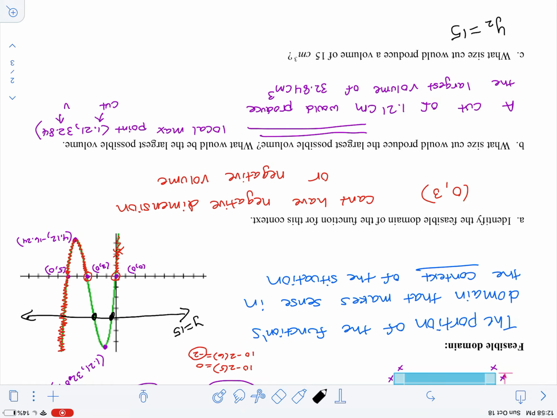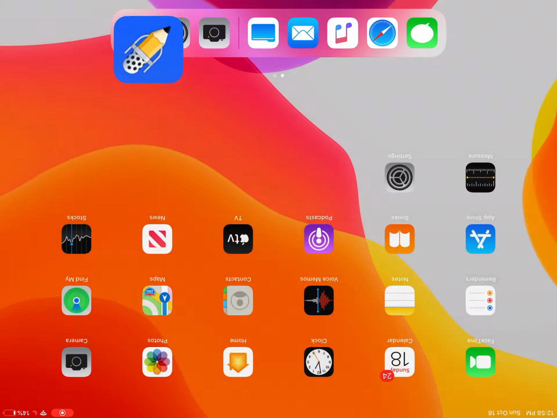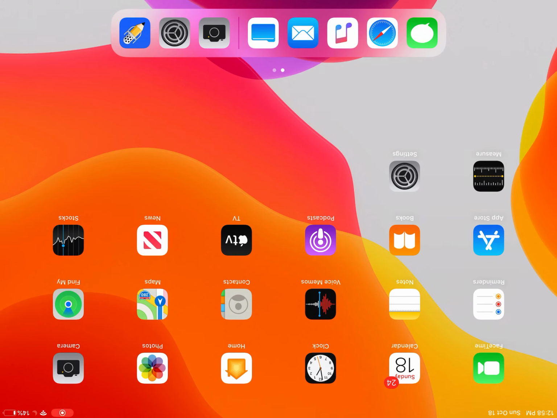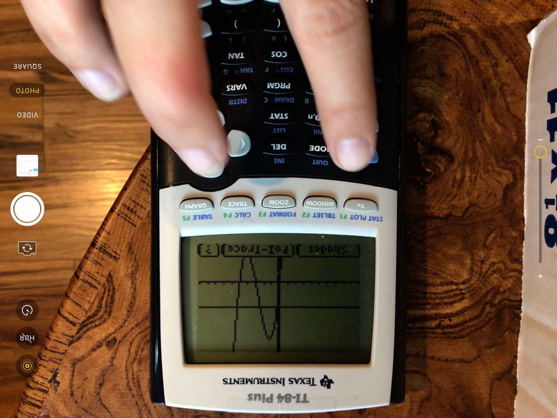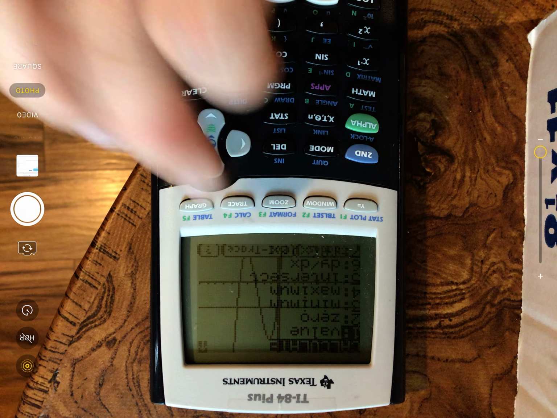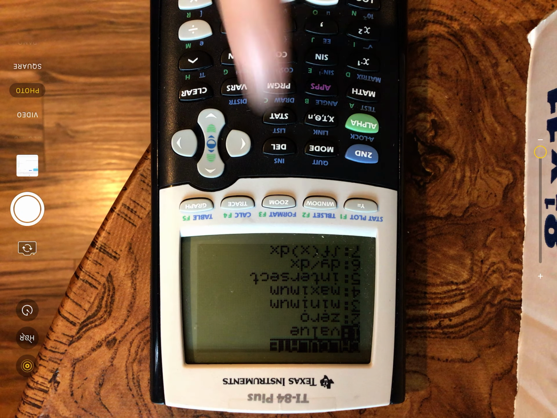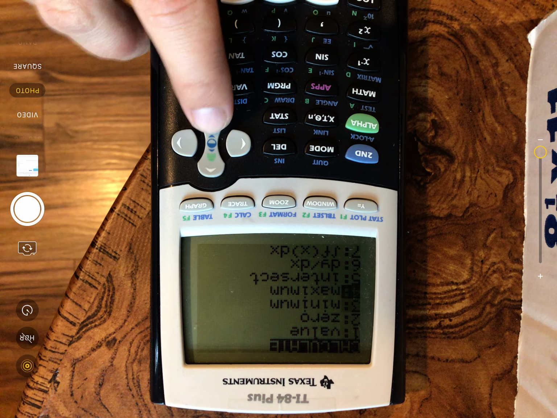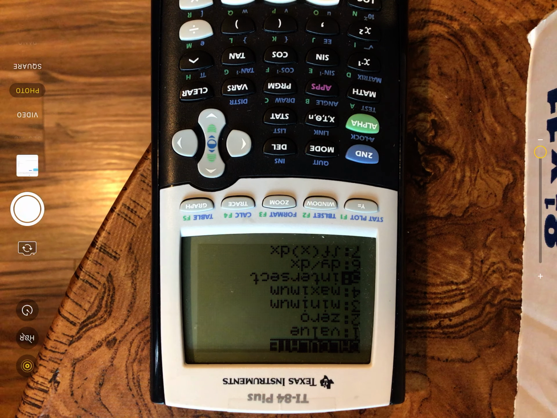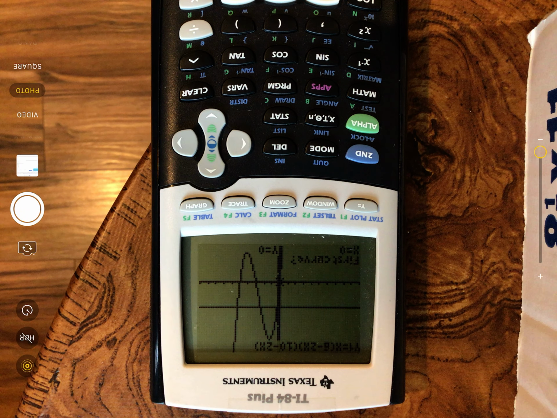So how am I going to figure out what those exact ordered pairs are? Well, my calculator can help me do that. So in my calculator, I'm going to go back into that calculate menu that we've been using. And right now, what I really want to find is that intersection point. Where does my line y equals 15 intersect with my function V of x?